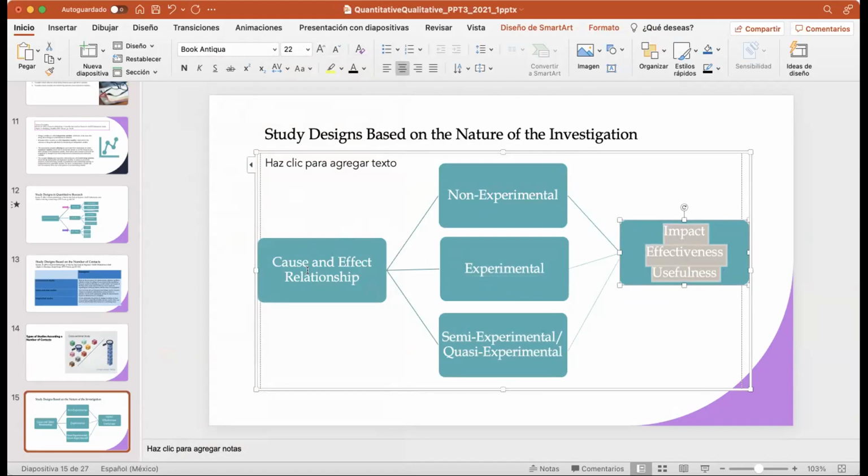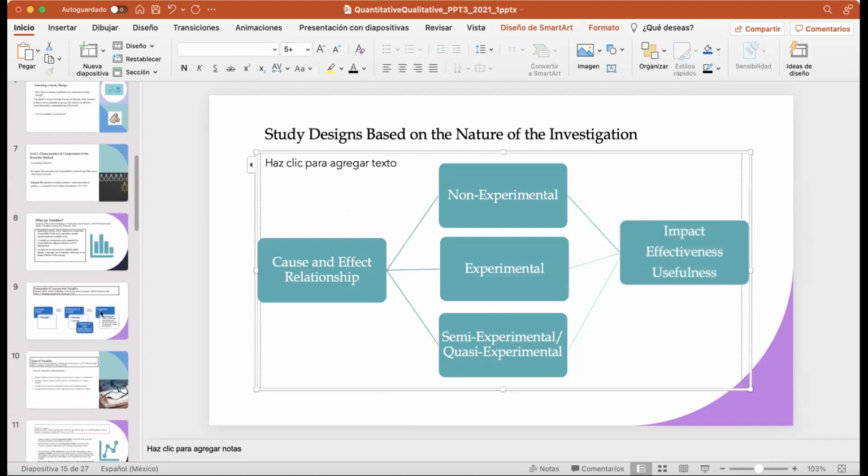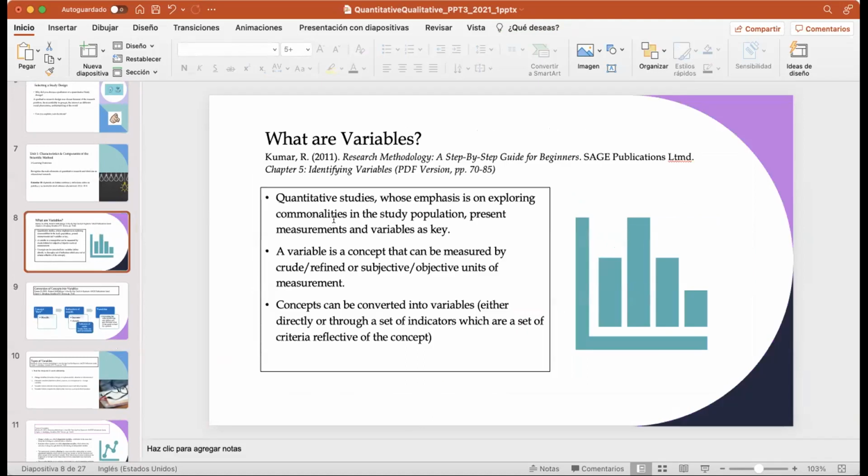Quantitative research designs are based on a cause and effect relationship. So if I am searching for cause and effect relationship, I am within these research designs. Quantitative research designs look for commonalities among participants, yes? They look for measurement and to test different kinds of variables. So there you have specific characteristics of quantitative studies.